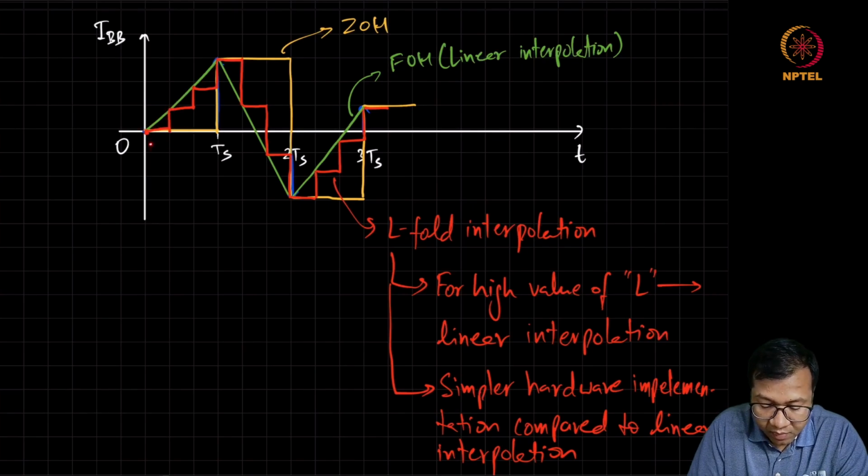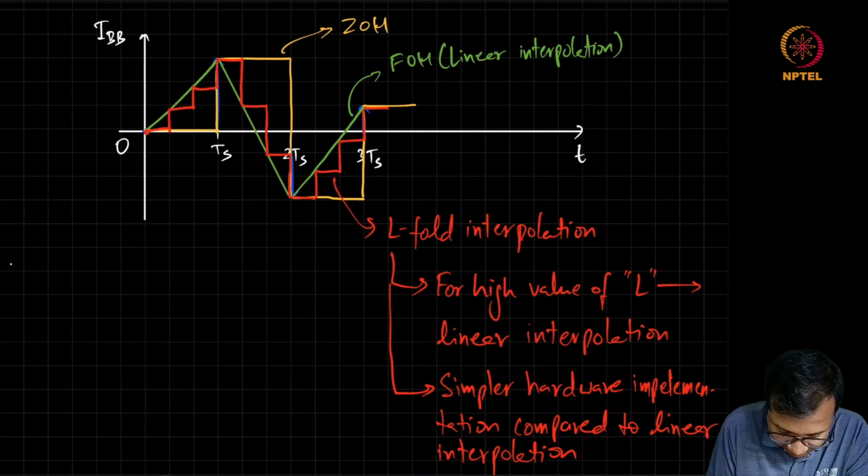And at the same time, after the Ts by L delay, we can add the 1 by L scaled value of the jump with itself so as to change the output in this staircase manner.